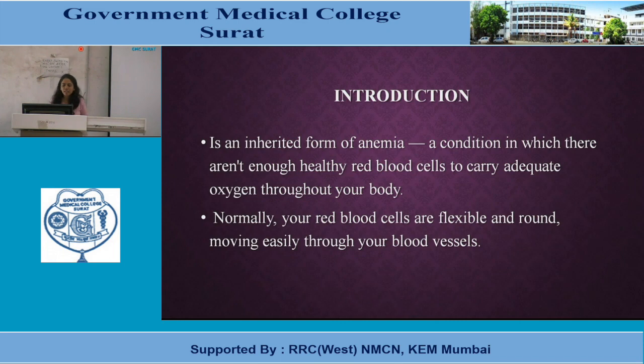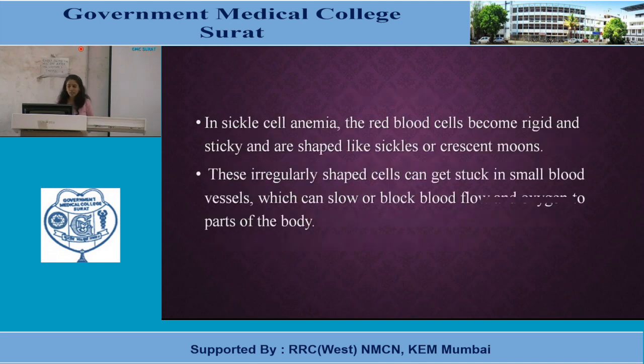Normally, your red blood cells are flexible and round and move easily through your blood vessels. In sickle cell anemia, the red blood cells become rigid and sticky and are shaped like sickles or crescent moons. These irregularly shaped cells can get stuck in the small blood vessels, which can slow or block blood flow and oxygen to the parts of the body. That's why it's called sickle cell anemia.